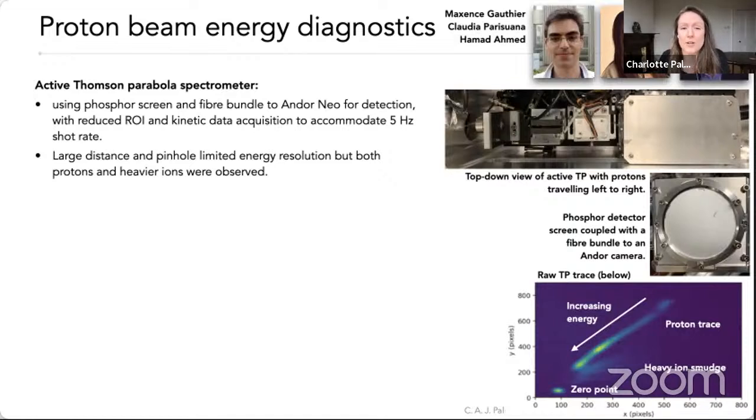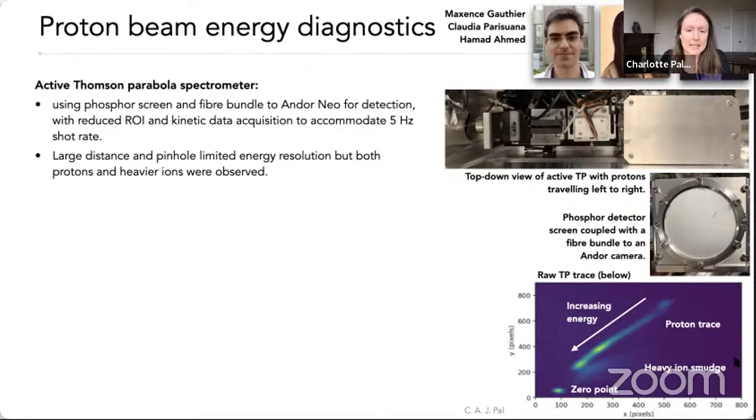Due to the space constraints inside the target chamber, we did have to have the active Thomson in an external chamber out of the back, so it was more than a meter away from the target. As a result, we had to have quite a large pinhole to ensure that we would get enough signal, and this meant that really the proton trace is the only one that we could clearly resolve.